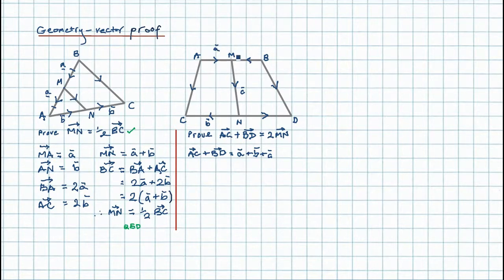So it's reversing A. In other words, it's going to be negative A. It's going to be positive C, and then negative B. Okay, because again, these two arrows are pointing in the opposite direction. So we're going to write minus A for this one, plus C, minus B.